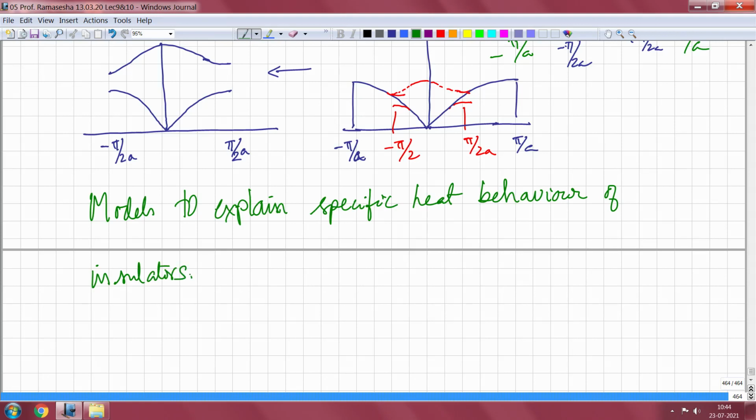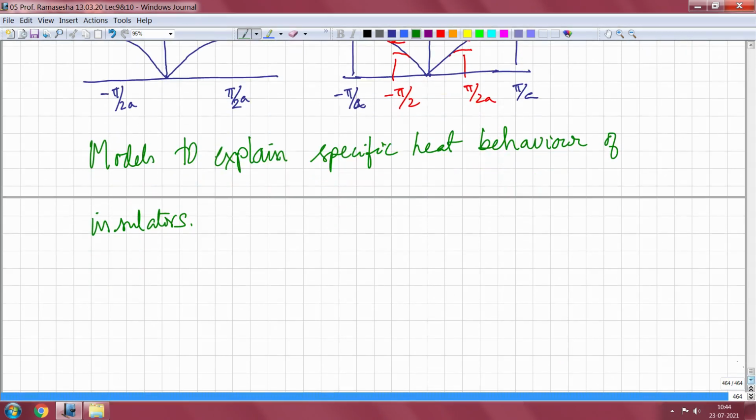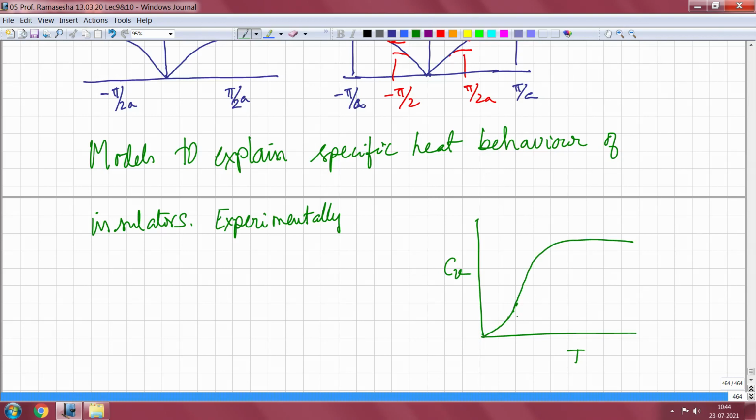First of all, experimentally what was known was the temperature dependence like this. If you took Cv and plotted against T, then at low temperatures it showed a T cube behavior, and at high temperatures it almost saturated at 3R for monoatomic metals.